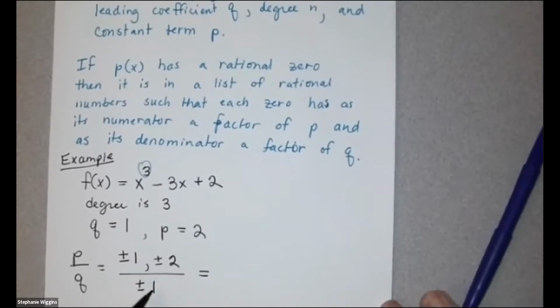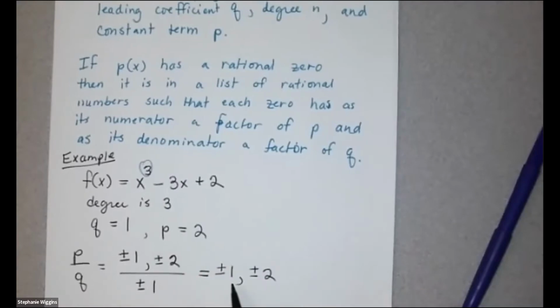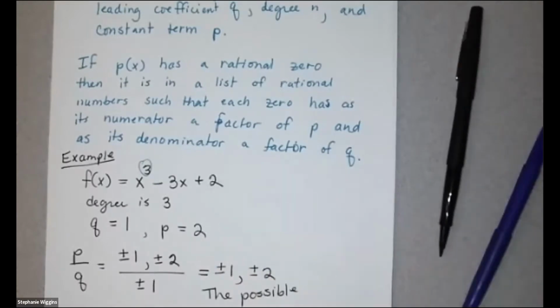So you take 1 over 1 is 1, so that's plus or minus 1. And then 2 over 1 is plus or minus 2. So there are 4 possible rational zeros, and they're here in this list. Okay, so the key word is possible, because you're trying to narrow down your search.